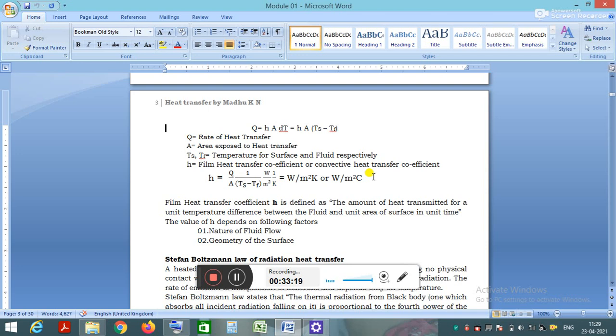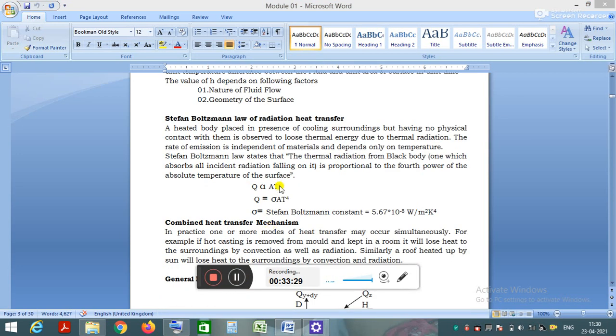The third law which is useful in heat transfer is the Stefan Boltzmann law of radiation heat transfer. We already studied that radiation heat transfer is the mode of heat transfer which takes place even in a vacuum in the form of electromagnetic radiation.